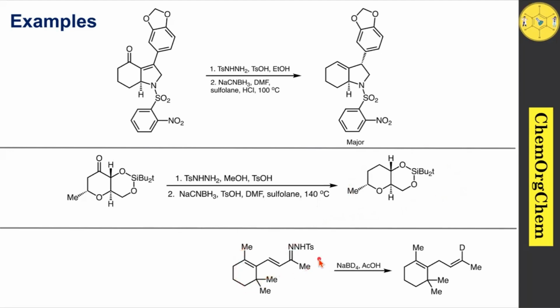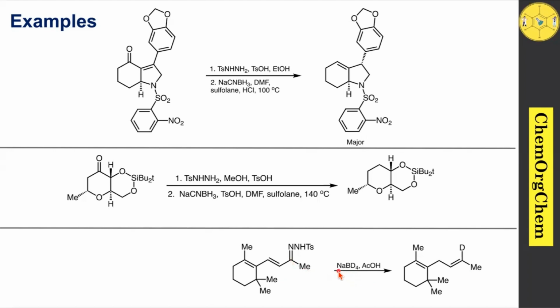This example confirms that the initial sodium borohydride addition definitely takes place by 1,2 addition rather than 1,4 addition. As per this condition, you can see that deuterium is now incorporated in this position, which means that the initial hydride addition takes place at this 1,2 position.